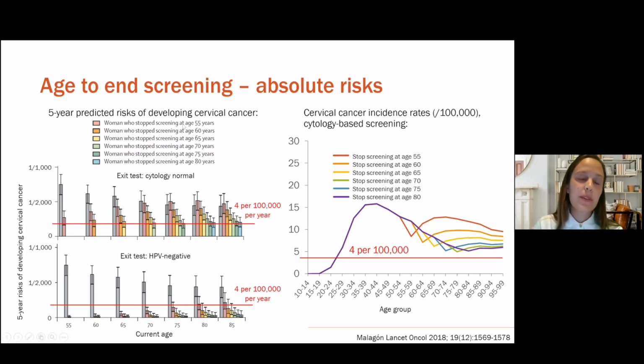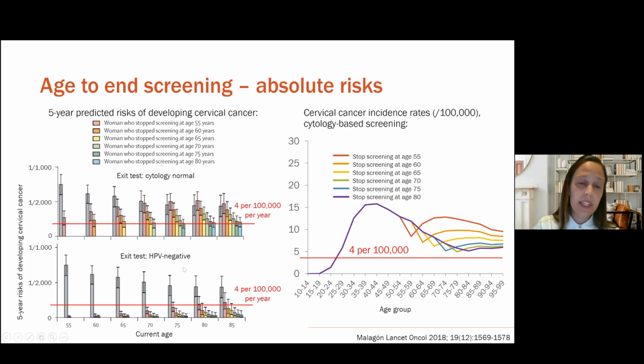So if we look at a woman who, say, is 55 years of age and who has a cytology normal test and decides to stop screening after that, in the short term her risk may be quite low, but due to the low sensitivity of cytology screening, we do expect that her risk would likely go up as she ages again. And so an exit cytology normal test is likely not a very good basis on which to stop screening, at least at age 55. But as women get older, obviously the risks go down.